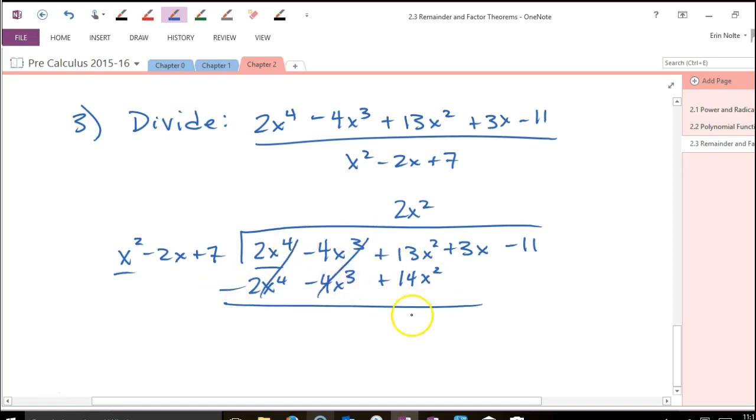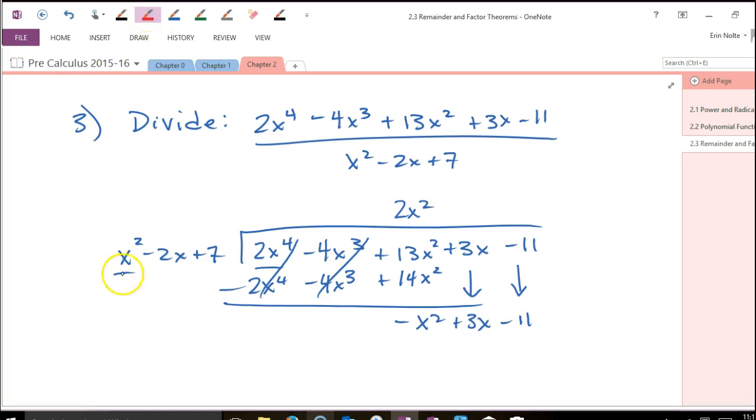That goes away. And I'm left with negative x squared. Drop the plus 3x. And because on this particular question, since my divisor has 3 terms, my next piece needs to have 3 terms. So that means I have to drop both of these so that they're the same amount of terms going through. Okay.